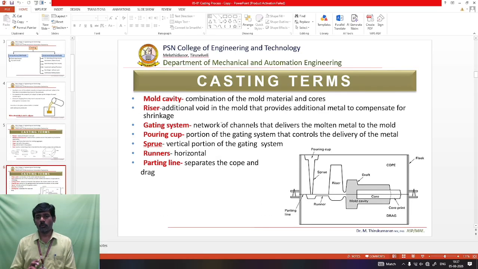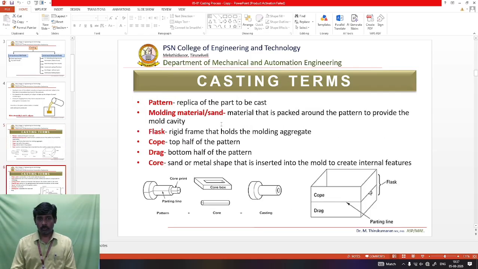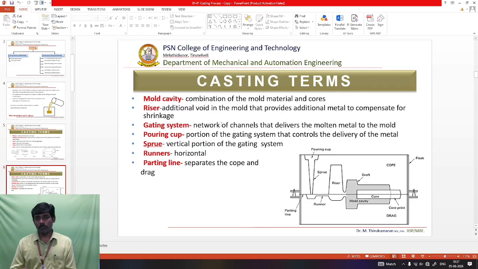Next one is the mold cavity, which is formed through the pattern as well as the core, a combination of the mold material and cores.